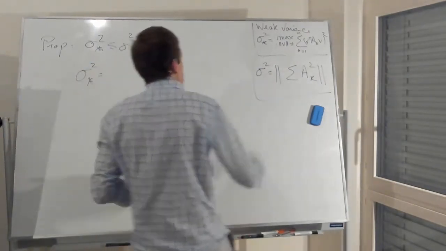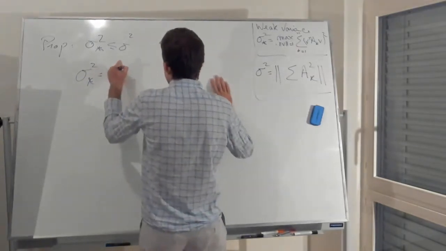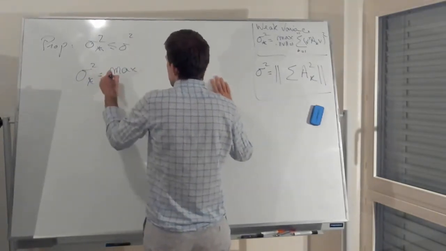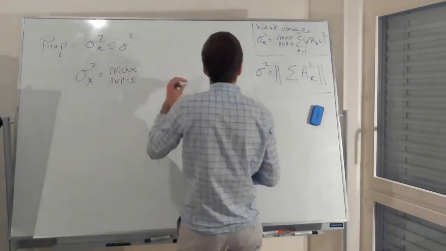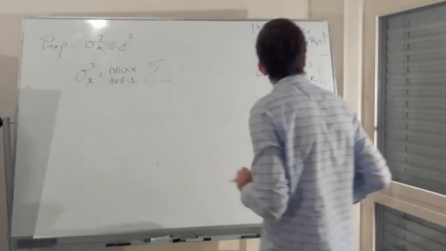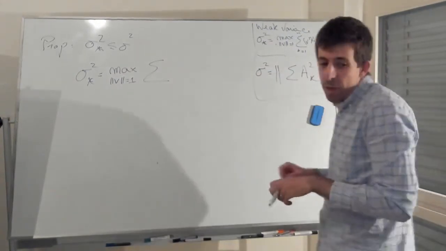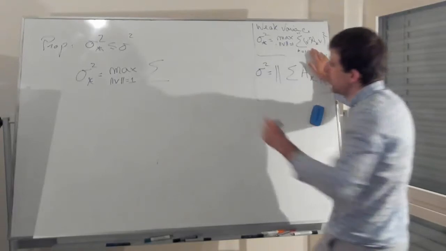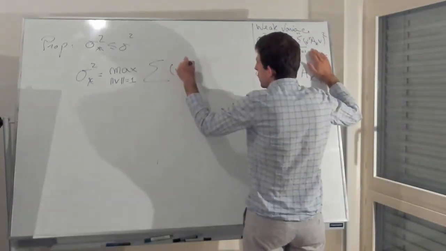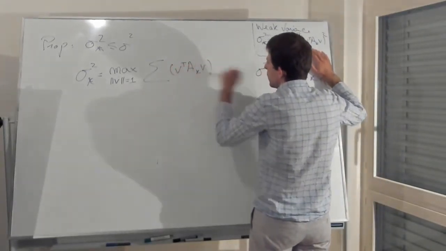So what is sigma star? Sigma star is the max over v having norm 1 of the sum over k from 1 to n of this. So we need to write everything out first.